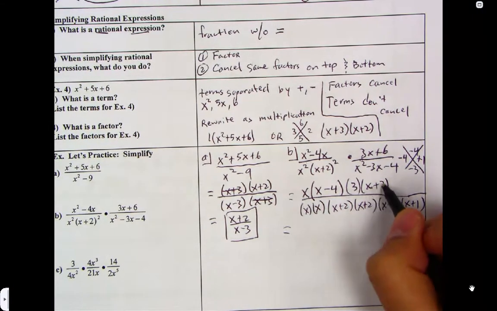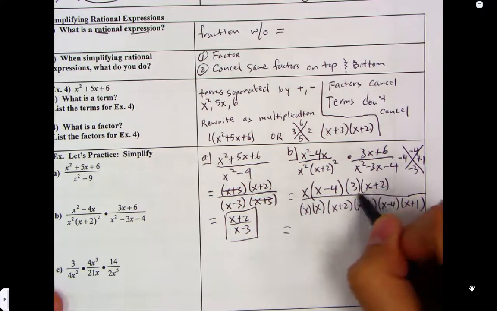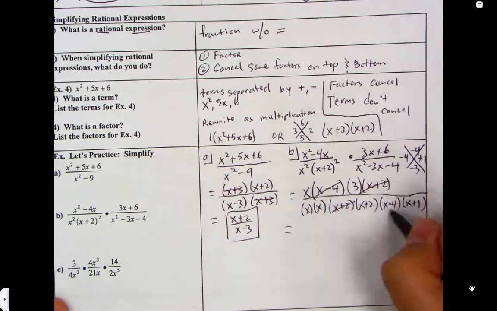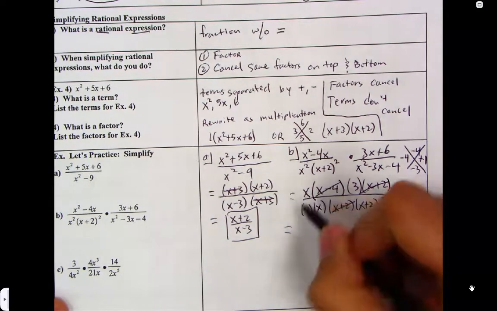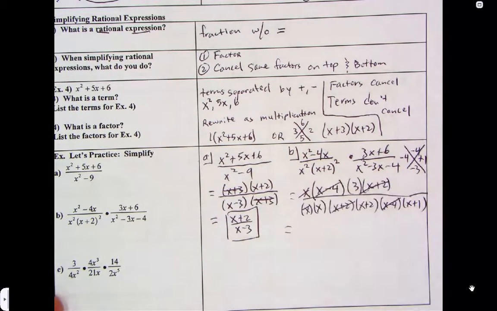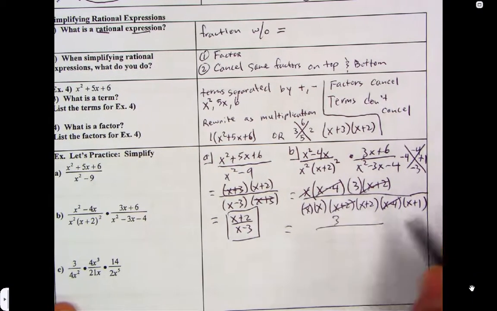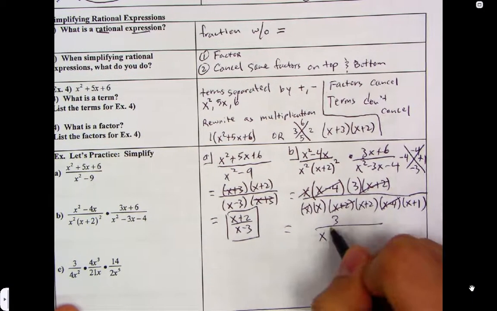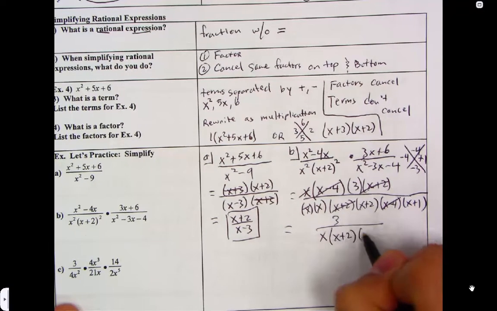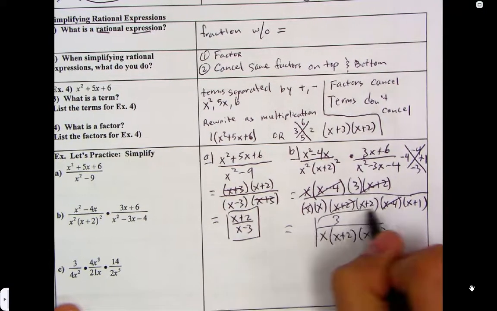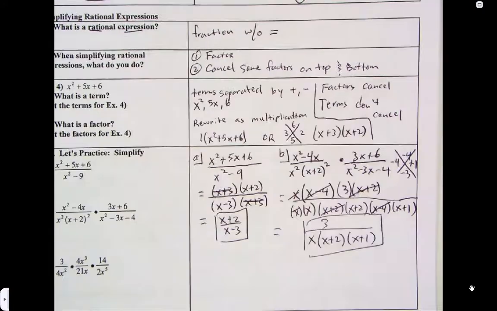So x plus 2's, I'm going to only cancel out 1 on top and 1 on bottom. x minus 4's, cancel 1 on top, 1 on bottom. x's cancel. And what's left on top is a 3. And what's left on bottom is 1 x and an x plus 2 and an x plus 1. So that's our answer. Normally we would multiply out the bottom, but just for today, let's keep it that way.